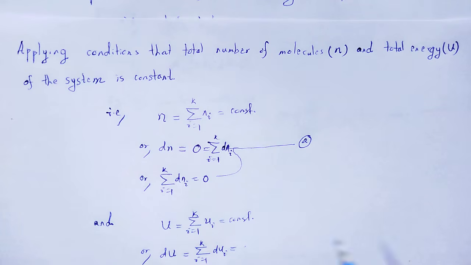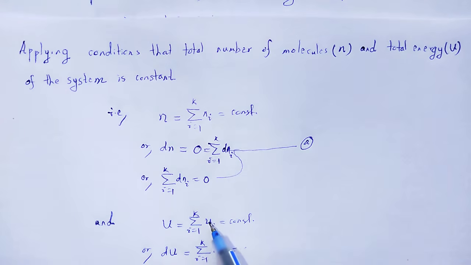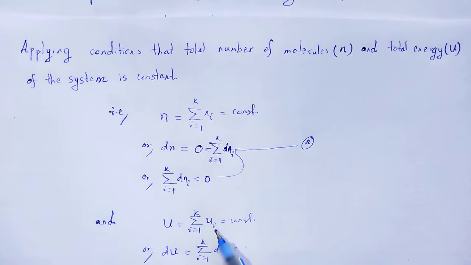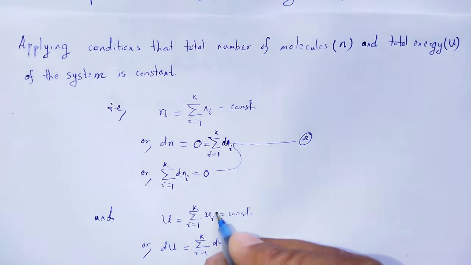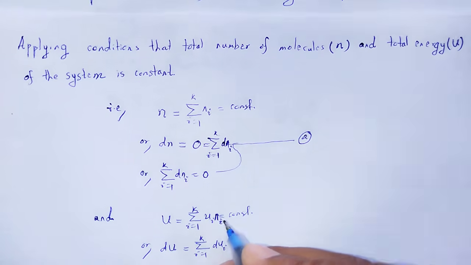Total energy is the energy of the ith compartment, that is the mean energy, into the number of particles present in that ith compartment, that is Ni.